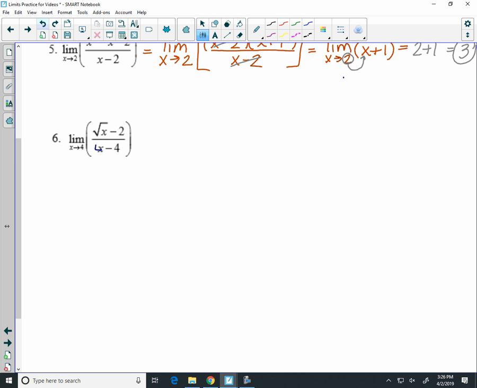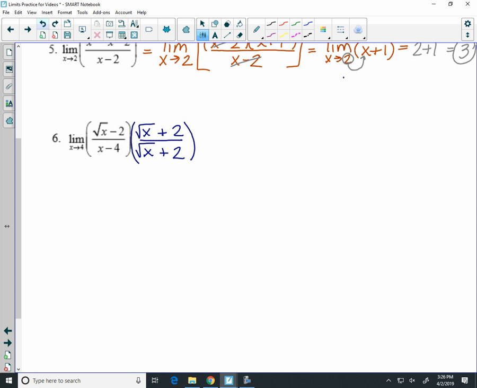So I can't do that. So instead, I'm going to rationalize the numerator. The reason I know to try that is that I see that square root in the top. So I'm hoping that if I multiply by the conjugate, it will work out for me.